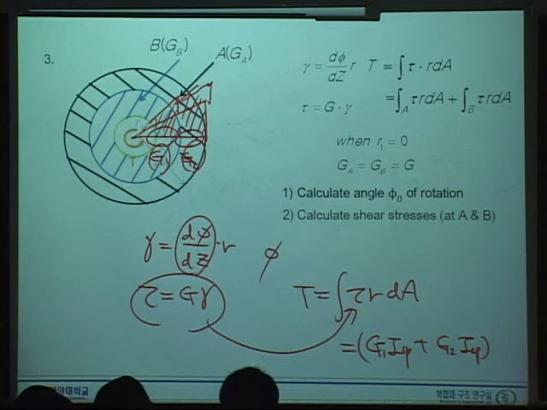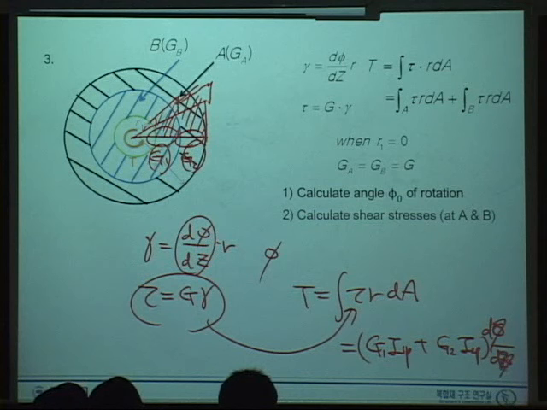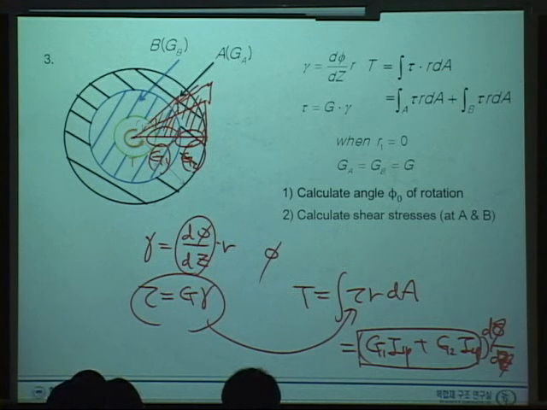And what do you have here? You should have dphi/dz, right? So you should have two different shear moduli and polar moments of inertia.